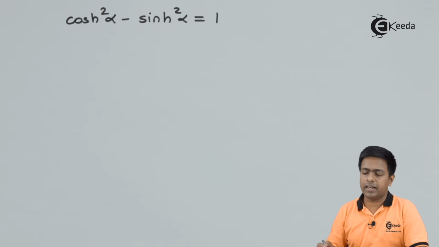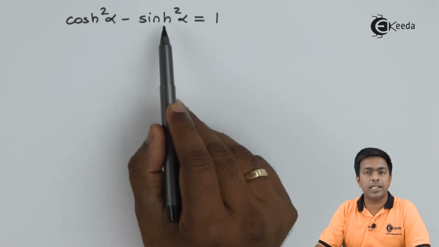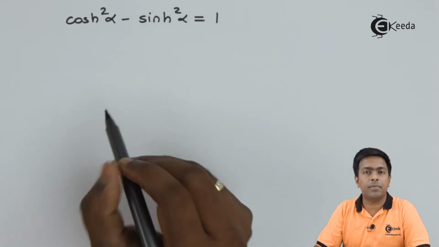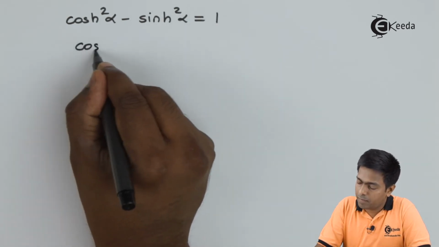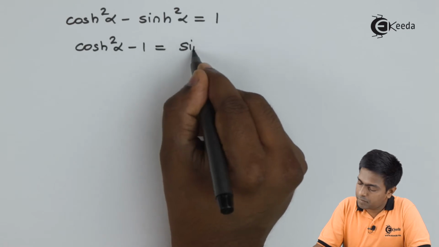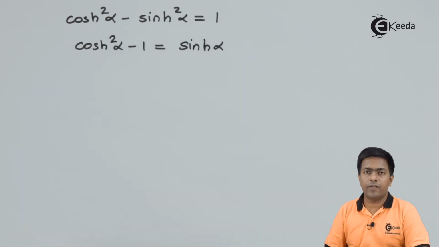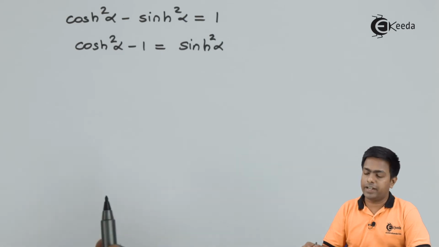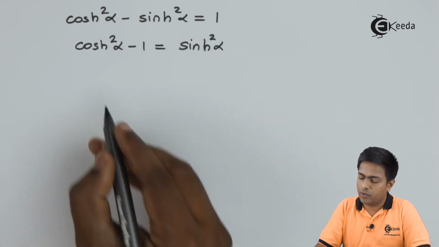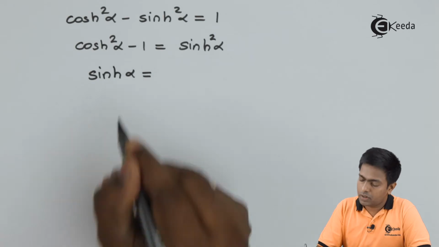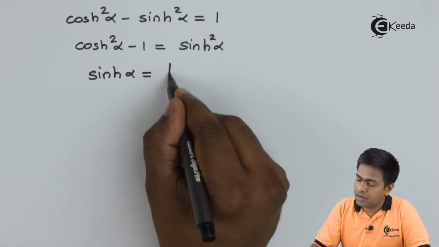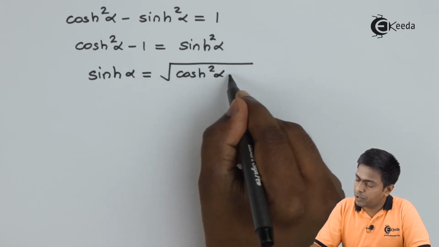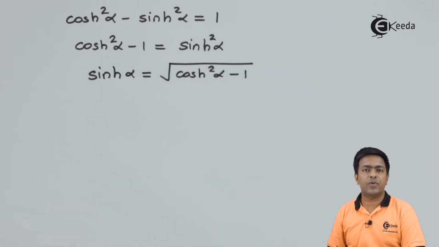Now by this identity, if I shift this hyperbolic sin square alpha on the RHS, then this 1 will come here, that will become negative 1. So we'll get hyperbolic sin square alpha equal to hyperbolic cos square alpha minus 1, and if I want the value of hyperbolic sin of alpha, then I will take square root on both sides. So we'll get hyperbolic sin of alpha as under root hyperbolic cos square alpha minus 1.